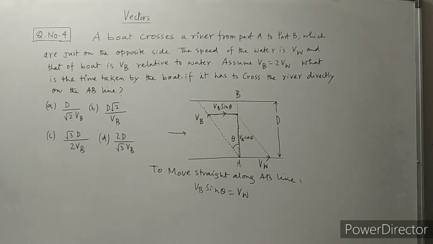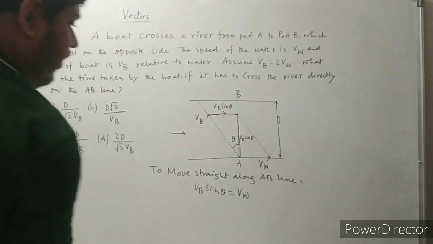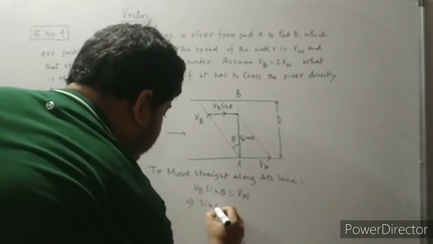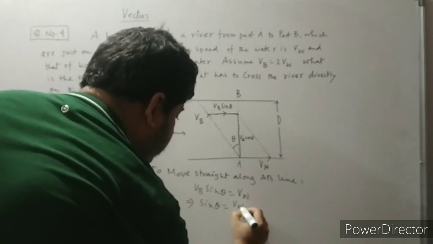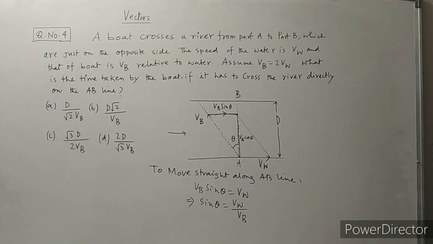Are you agree with me? VB sin theta should be equal to VW to move straight along this line. Means we can write sin theta is equal to VW by VB.